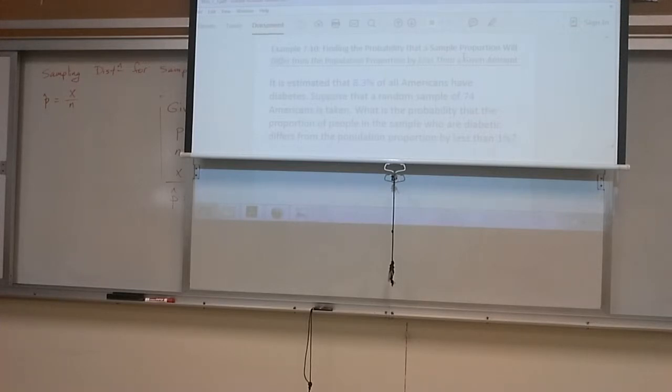Looking at what that means, this number is confusing. P is 0.083, right? P hat is X over N. X is the number of successes, right? So X is P times the 74.